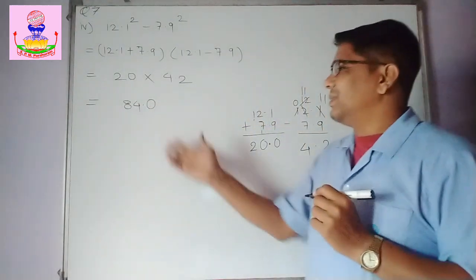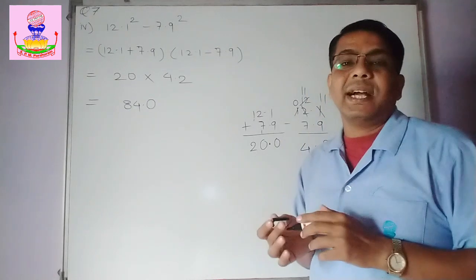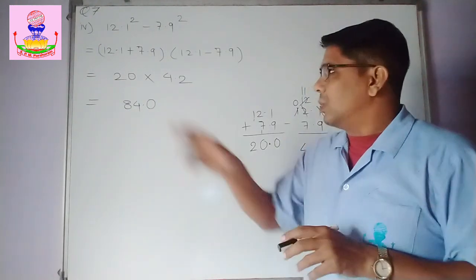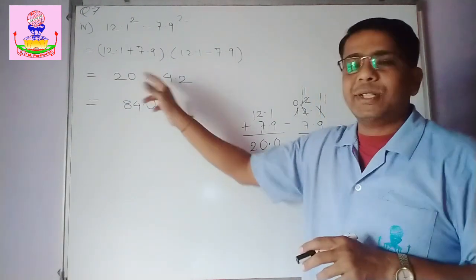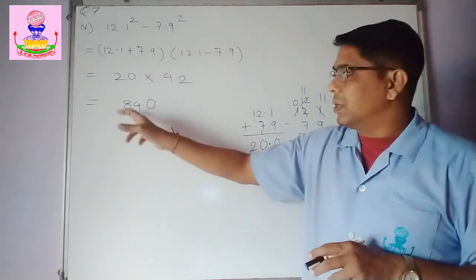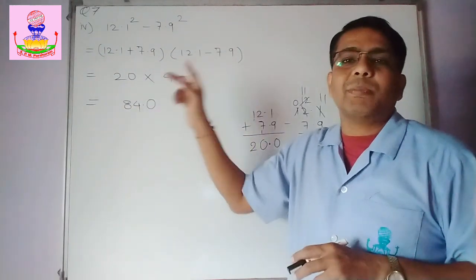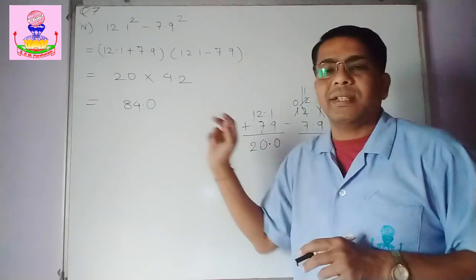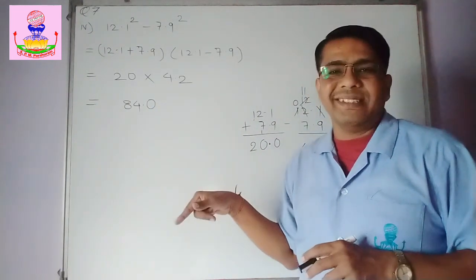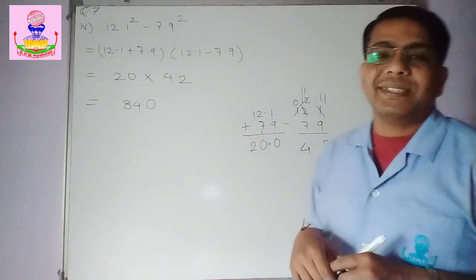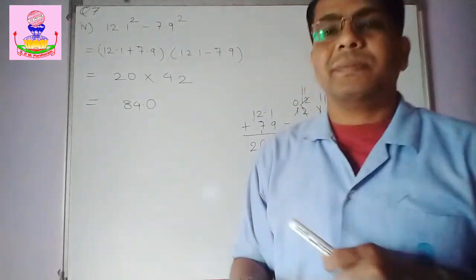So 84 is what the expected answer is. So 2 twos are 4, 4 carry on, 2 fours are 8, 80 plus 4, 84. Here the decimal point is after one digit, so in the answer decimal point after one digit. Okay, so let's move to the next question, question number 8.